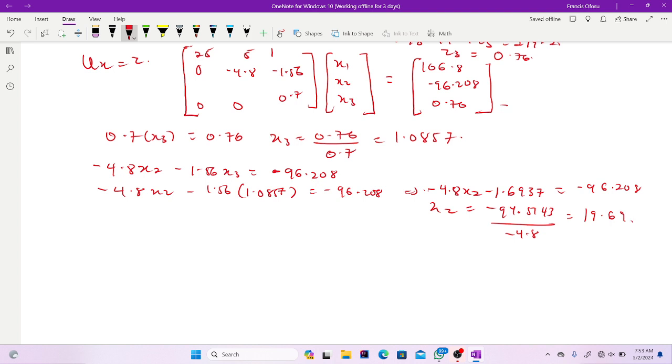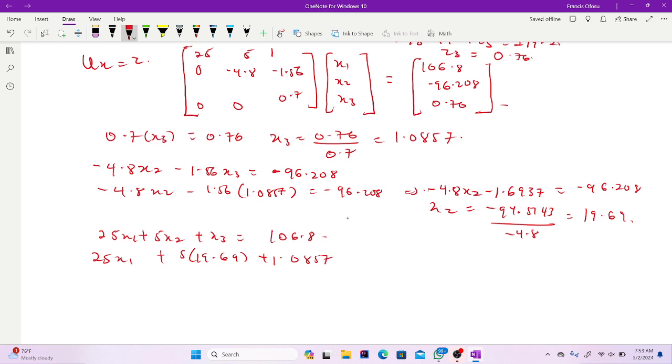This time the whole thing. Okay, so the final answer will be, the final step, 25x1 plus 5x2 plus x3 is equal to what? 106.8. So 25x1, I don't know x1, but I have x2 to be what? 19.69. Then my x3, which is plus 1.0857, should be 106.8.